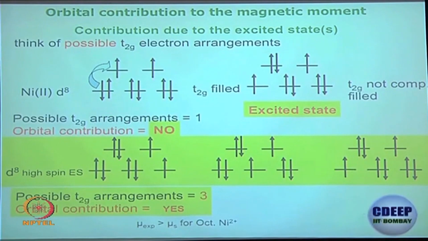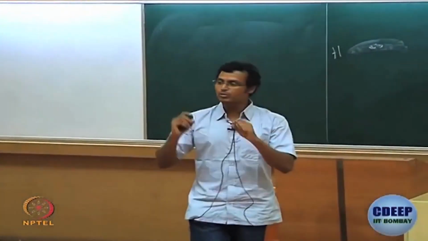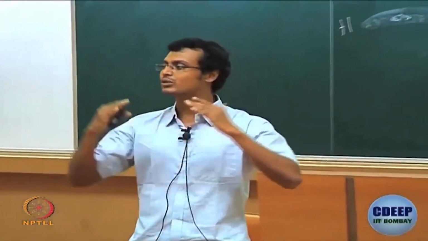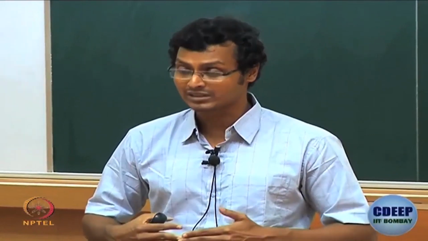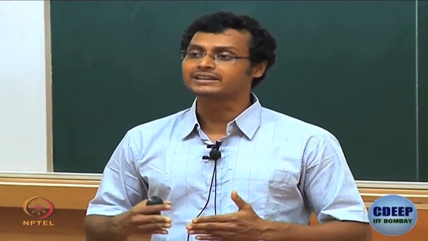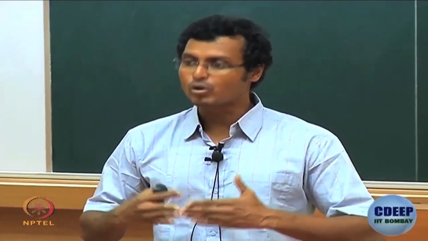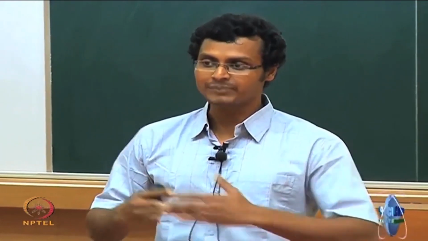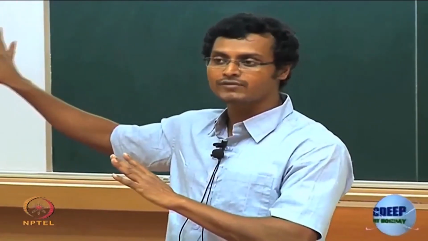Of course, if it is given clearly, that's no worry. d8 electronic configuration with strong field ligand like cyanide or carbon monoxide can give you square planar geometry. Sometimes for these cases you do not have to worry, but in other cases you have to worry a little bit.